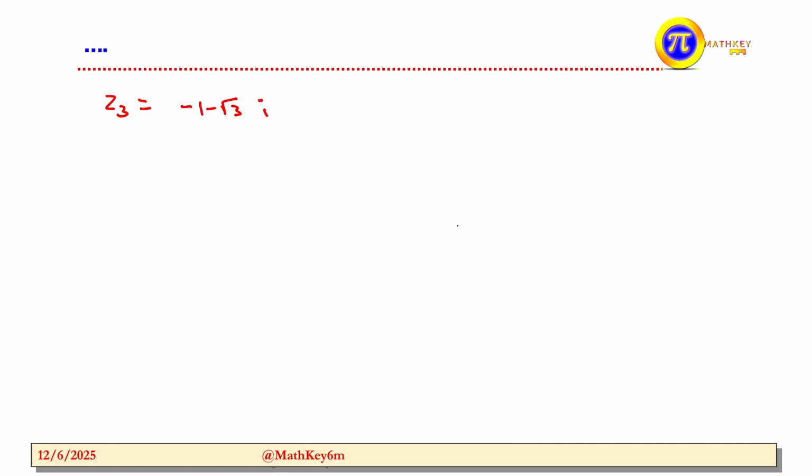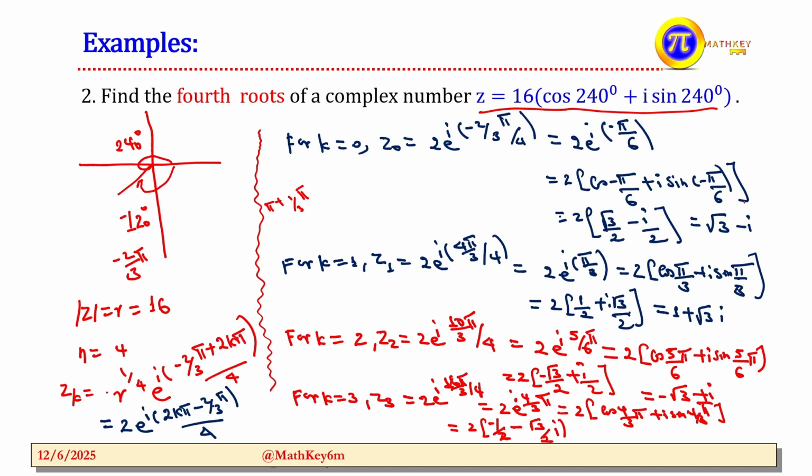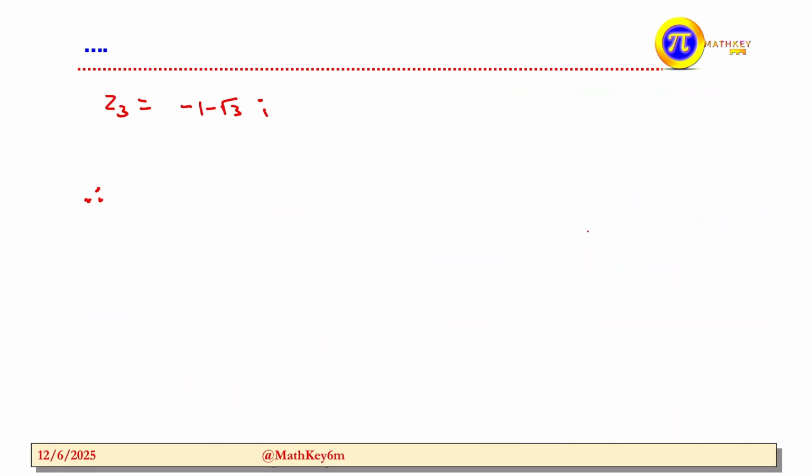Therefore, the fourth root of our complex number z is equal to 16 times cos of 240 degrees plus i sine of 240 degrees. What are they? Here we obtained root 3 minus i, 1 plus root 3 i, negative root 3 plus i, and the last one root 3 minus i.